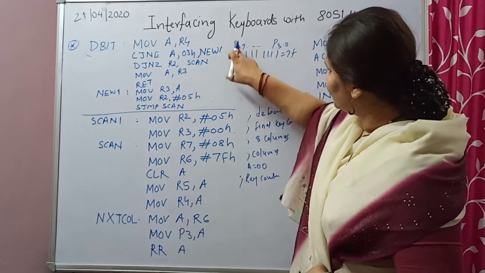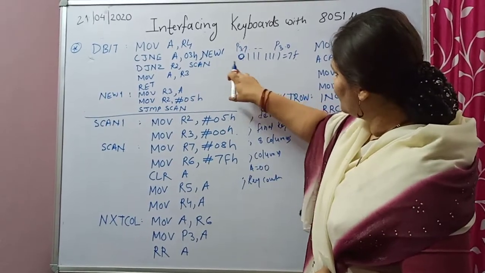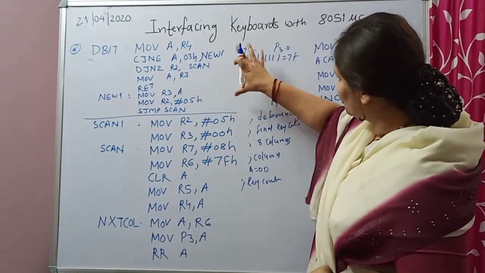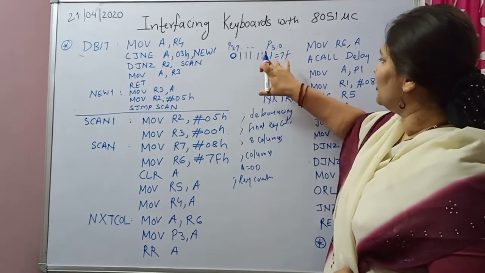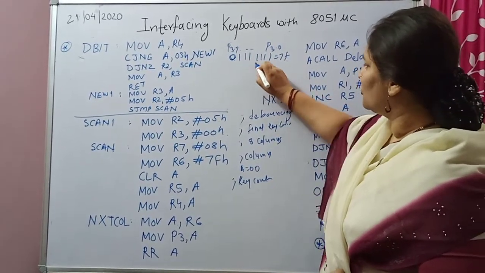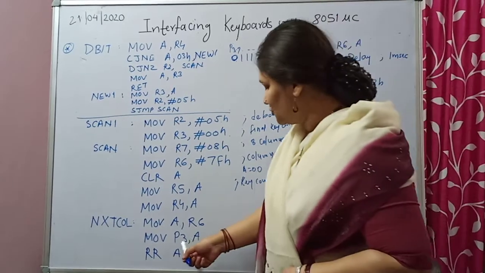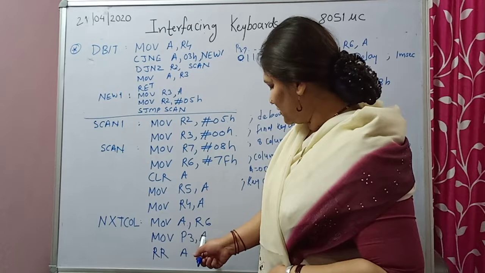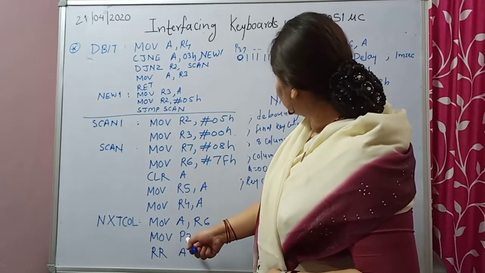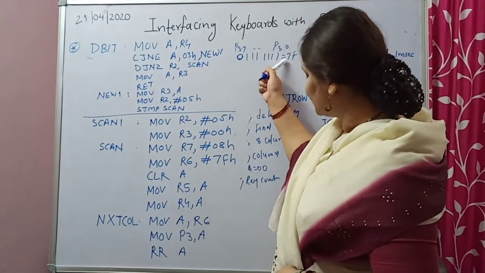Whatever rows are connected to this particular column, a key pressed on those rows with this column will be detected. The rest will not be detected because all the other columns are 1. So port 3 is getting this pattern.